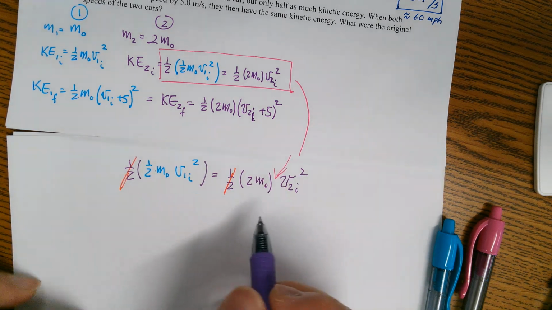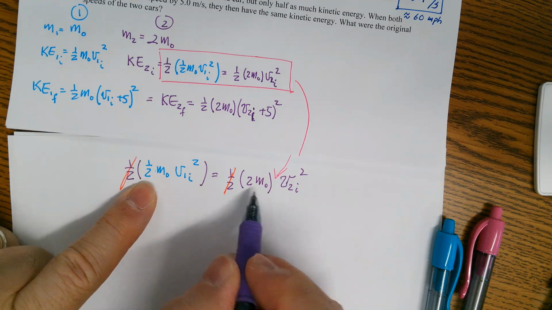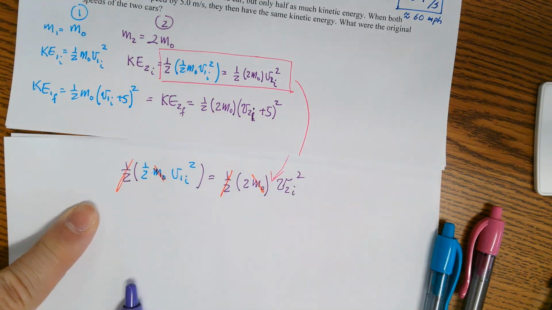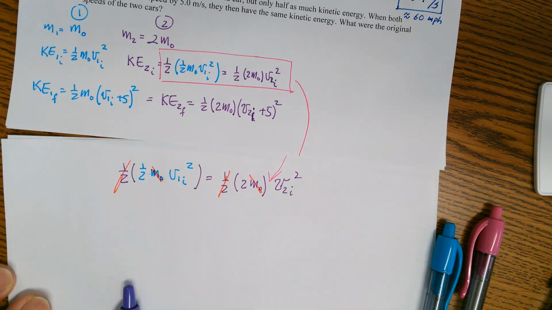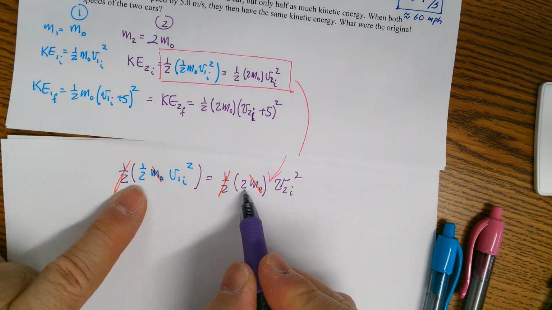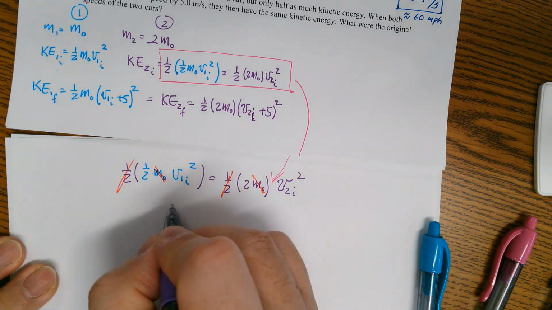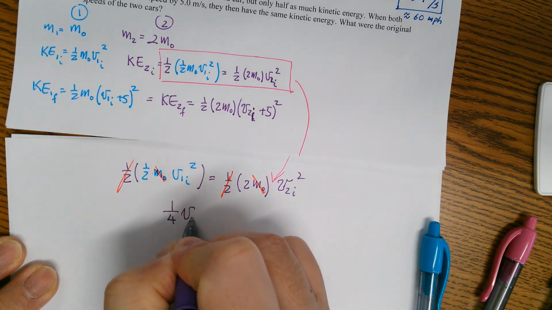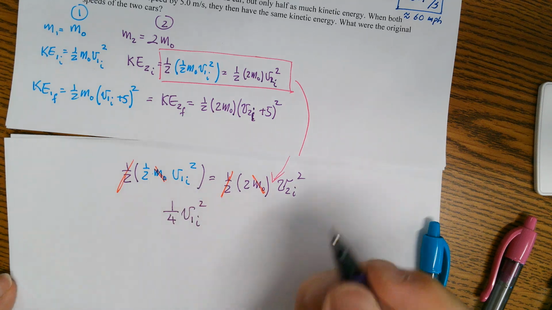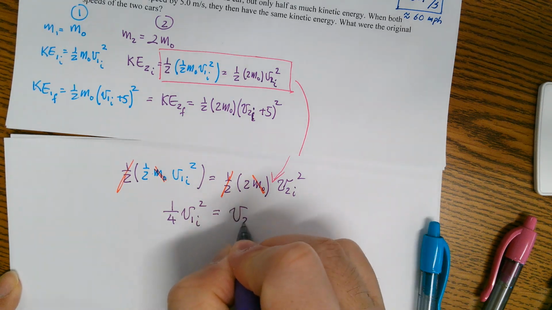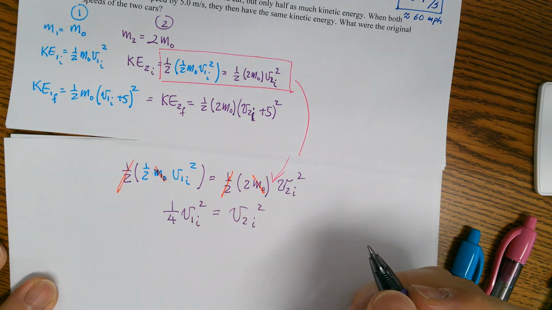And then I cancel out the MOs. If I divide both sides by 2, on this side I get 1/4 V1 initial squared equal to V2 initial squared.